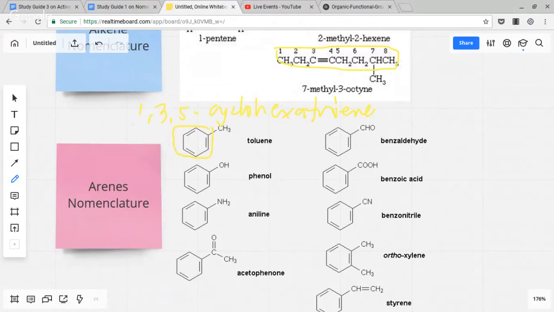But if it's just between two double bonds, no branches, just make sure that the sum is the lowest possible value. So you look at the sum. But if there is a branch on one double bond, the other one doesn't, you start numbering where there is a branch.